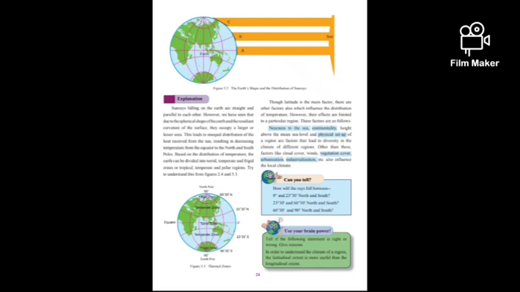Then as you go away from the equator toward the poles, at 23 degree 30 minutes north and 23 degree 30 minutes south, there is the temperate zone in the northern and southern hemispheres. Then at 66 degree 30 minutes north, the frigid zone, and then the north pole and the south pole.